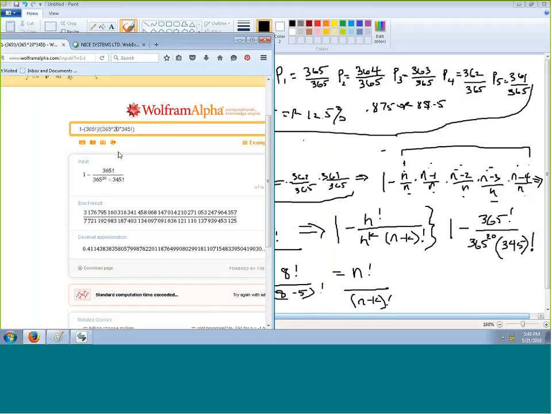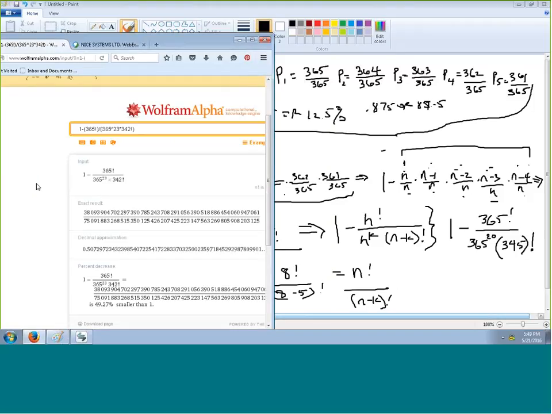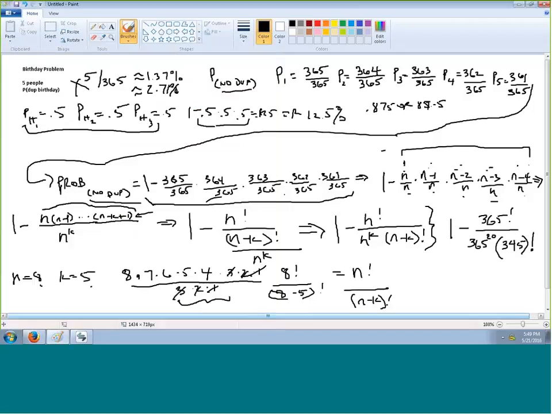Okay, so let's change this to k equals 23, and then 365 minus 23 is 342, because look, 1 minus 365 factorial over 365 to the 23 times 342 factorial for 23. And we should be just over 50%. Yep, 50.7%. Okay, so that's where that 23 comes from.